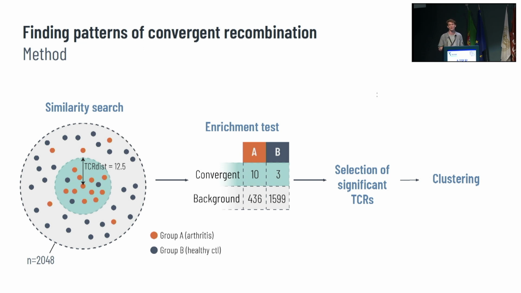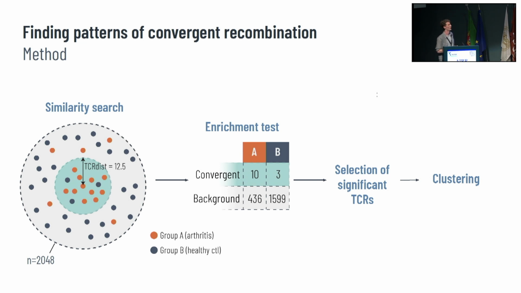But for this specific use case, I developed a framework that finds these patterns of convergent recombination, but uses a more flexible distance metric, the TCR distance metric. This also includes the V gene, controls for the technical bias in the repertoires, and does this at a scalable, computationally tractable rate.